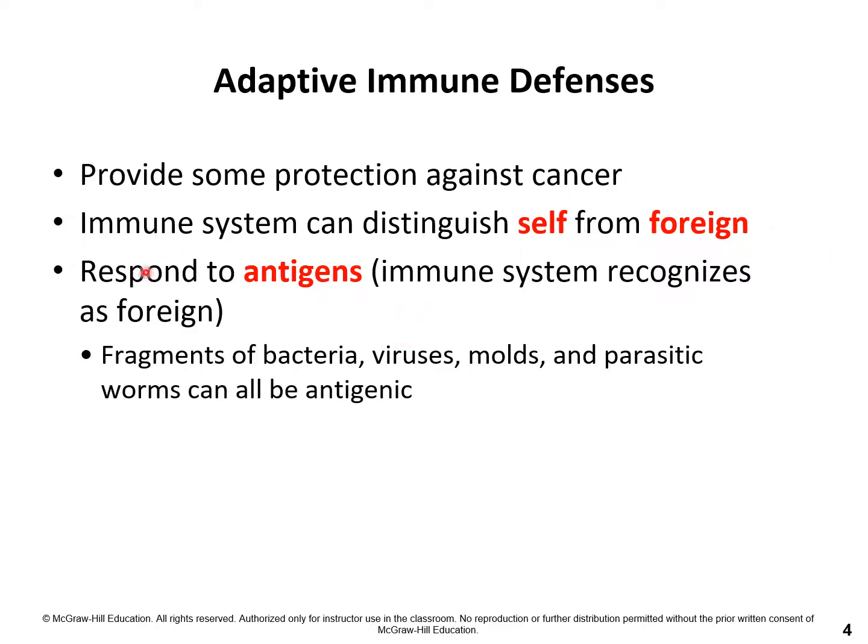And so getting back to the ability of the adaptive immune system to respond to antigens. Antigens are anything that is going to create an immune response. It can be fragments of bacteria, viruses, molds, parasitic worms. All of these different types of organisms and substances can be antigenic, meaning they can trigger an immune response.